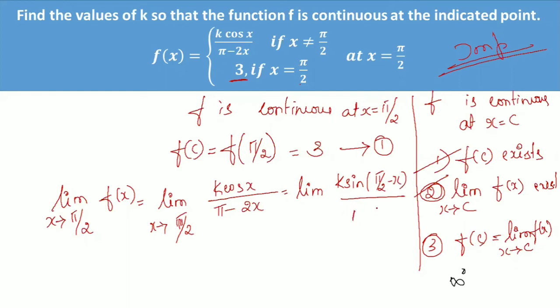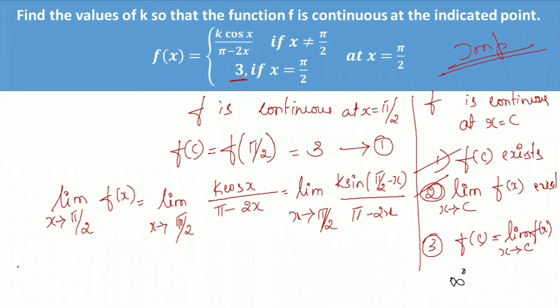What is sine 90 minus x? It is cos x. So I have made a bit of change in cos x, and I'll write it as sine pi by 2 minus x, because sine pi by 2 minus x is cos x.